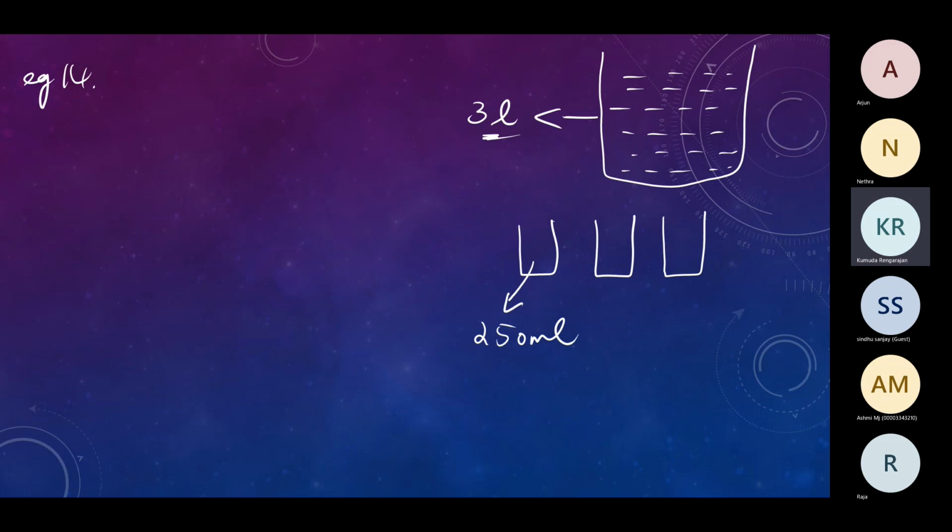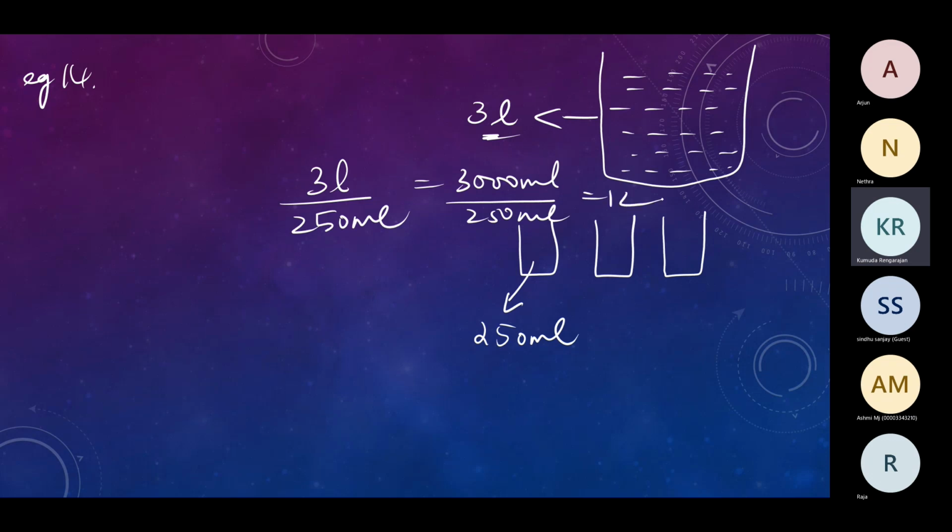So in 2000 ml, 8 glasses. In 3000 ml, 12 glasses. So it's basically 3 liters by 250 ml, which is 3000 milliliters by 250 milliliters, which is equal to 12.